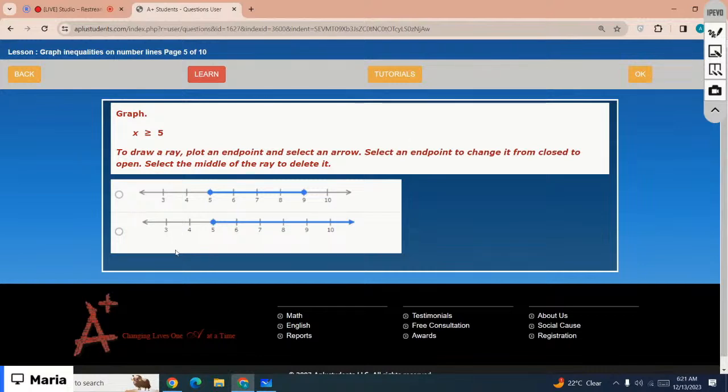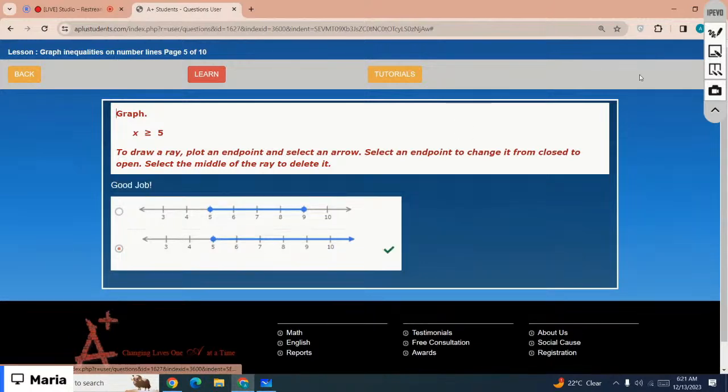The correct option is x is greater than or equal to 5. So option number 2 is the correct option, right?